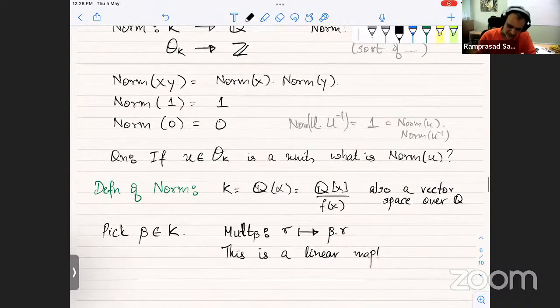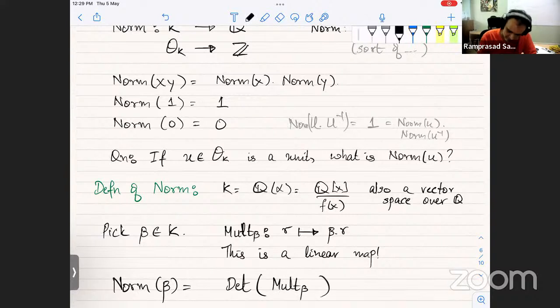Now you just define the norm of beta to be the determinant of the matrix corresponding to this linear map, because any linear map from the vector space K to the vector space K will have some matrix representation. Just look at that matrix representation, take its determinant, and we'll define that to be the norm.